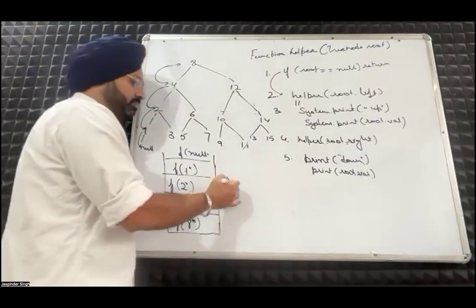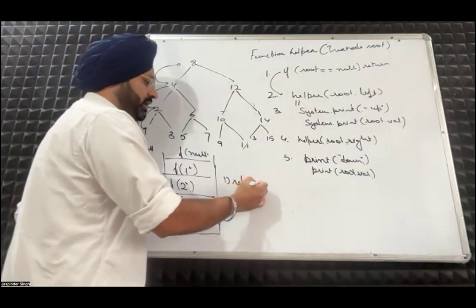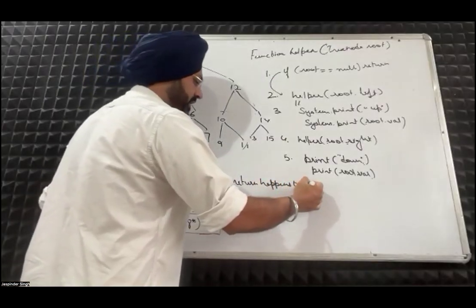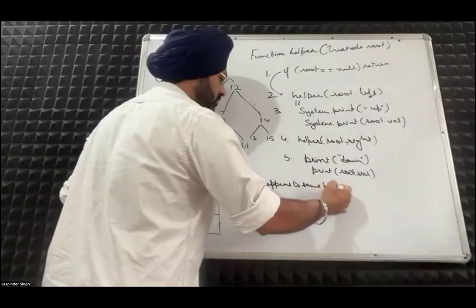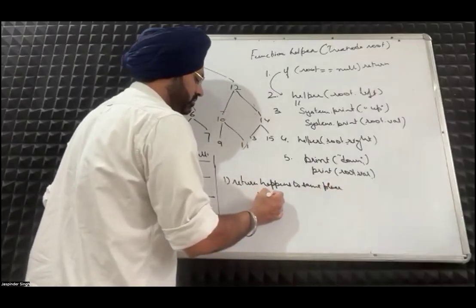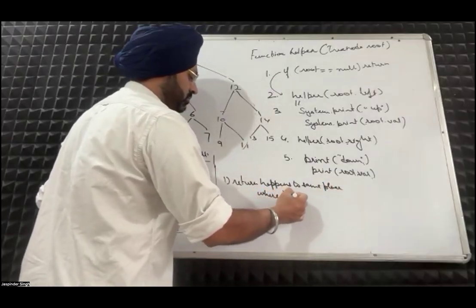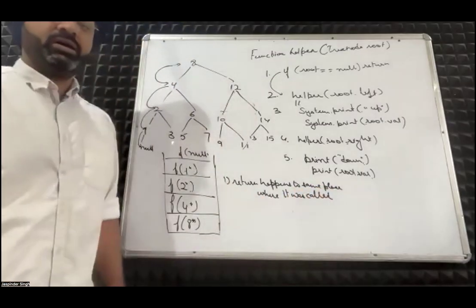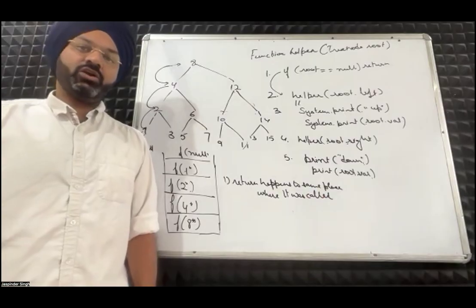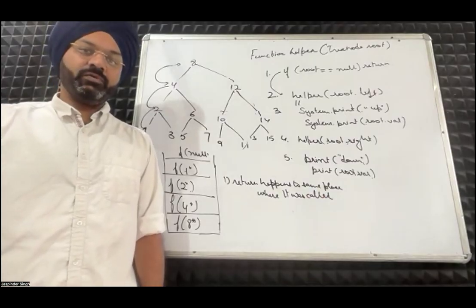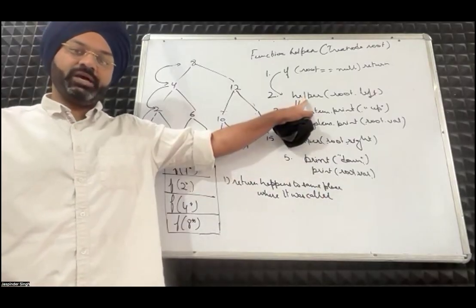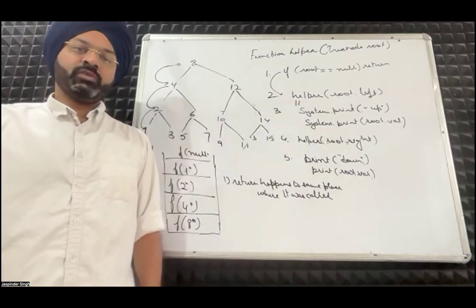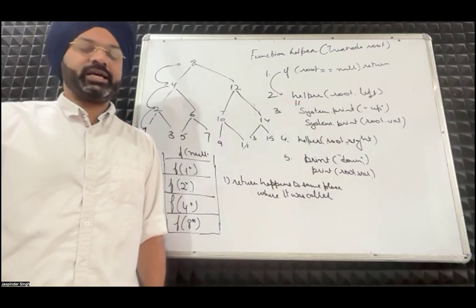First rule of recursion: return happens to the same place where it was called. It's not about the place, but whatever functional call it has happened from, it will return to the same functional call without exception, without any second guesses.